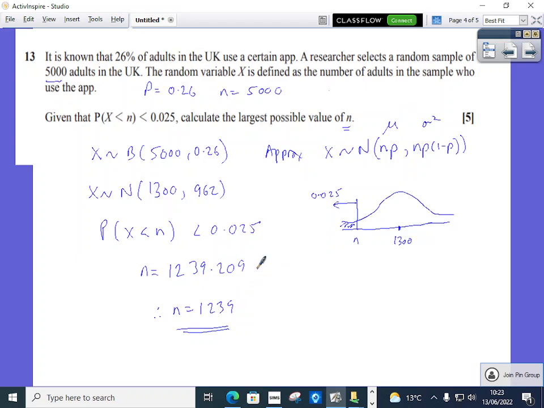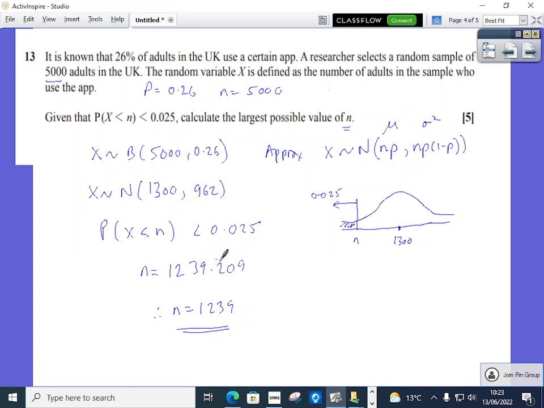So just step by step, putting that as an integer. This cannot be a decimal because it's a person. You can't have a percentage of a person. That's the highest it can be. You tend to truncate it in this case rather than rounding it, to see that's the maximum.